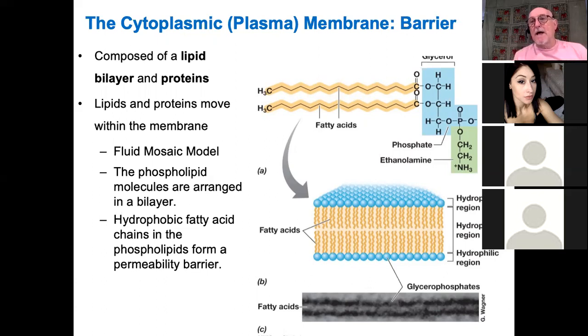So the very first thing to understand is that the fundamental unit for making up this membrane is this molecule here. Now it looks very complicated, but in actual fact, it's quite a simple molecule. And this is a phospholipid.